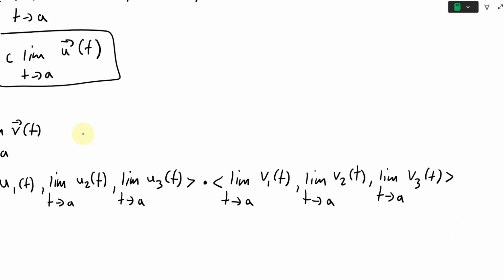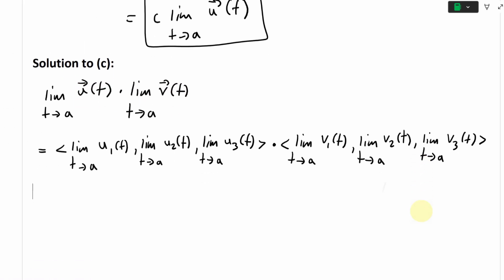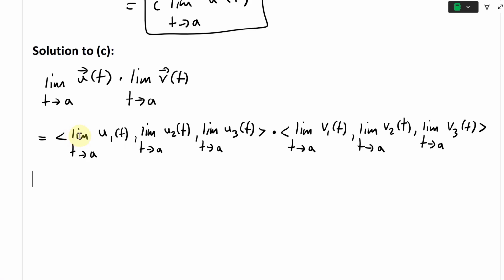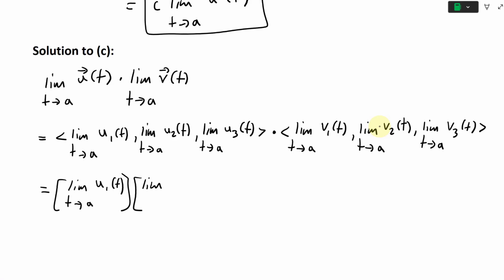Like that. All right, so now we have that, and now we can take the dot product, and as well, for a dot product you just multiply each component and then add them up. So multiply this by this, add it to this one times this one. In other words, we get something like this. Here I just shrunk it up to put it in, so we're going to get a limit as t approaches a of u1 of t, and this is going to be a multiplication, times limit t approaches a of v1 of t.